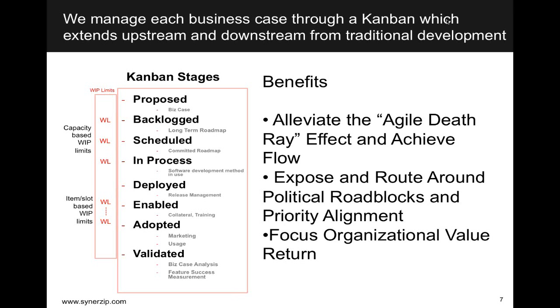In the early stages, those WIP limits are typically going to be capacity-based. For example, you may have your long-term roadmap, you may have a WIP limit that says you can only have 40% of your total development capacity committed on your long-term roadmap.